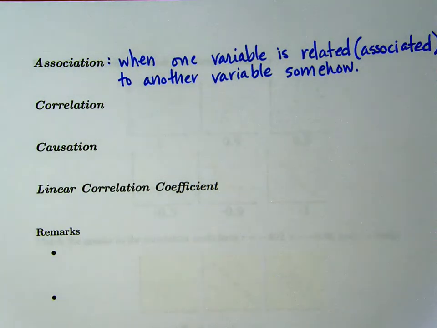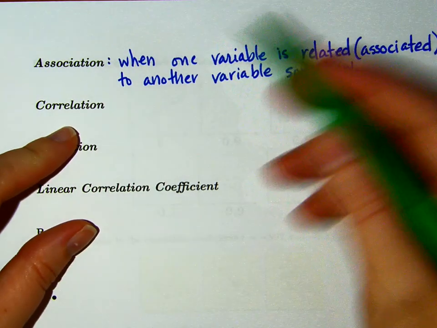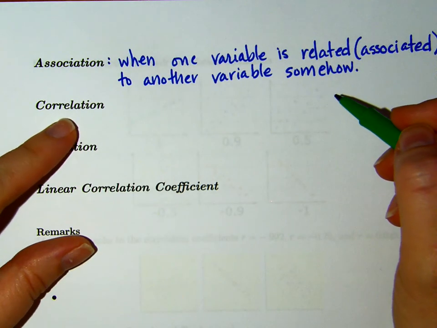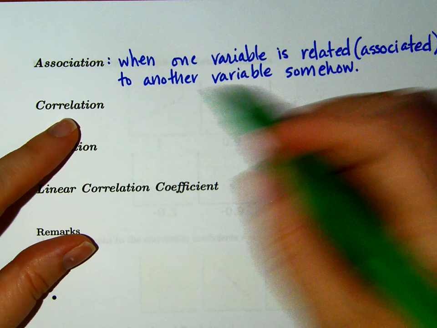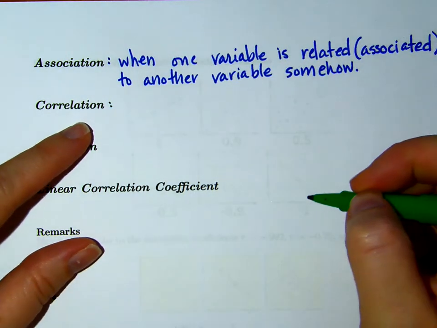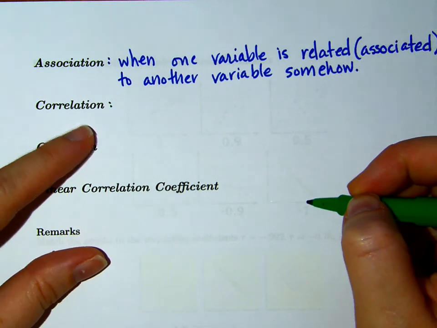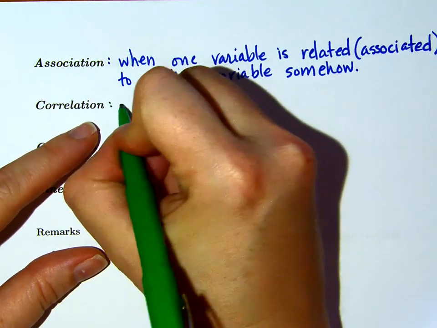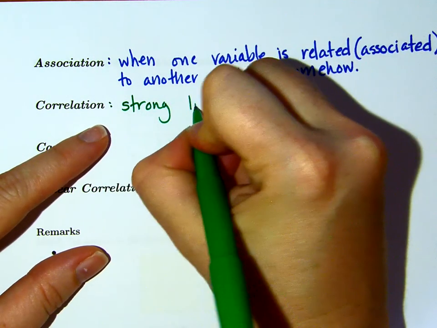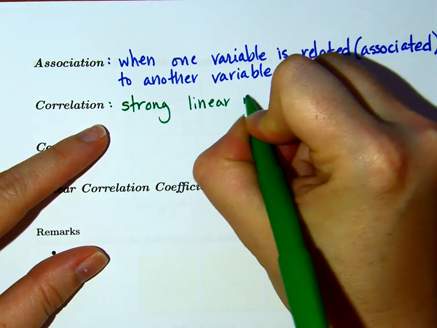So here it is in terms of mathematics. So one variable is related to another somehow. The two quantities have some kind of relationship. A correlation, so correlation, is a strong linear relationship. So if two things are correlated, they have a strong linear relationship.